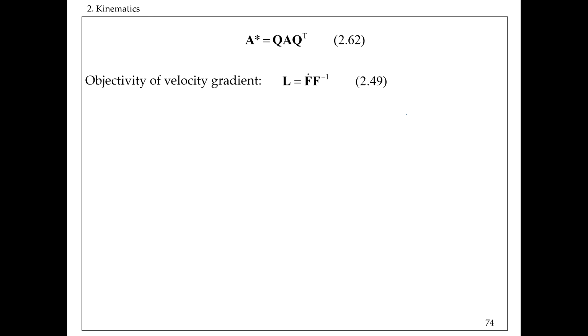To illustrate that, let us look into that. Let's write here for the deformation gradient. The deformation gradient after rigid body motion, F star, is still defined as grad y, but now y is y star, because that's after rigid body motion.